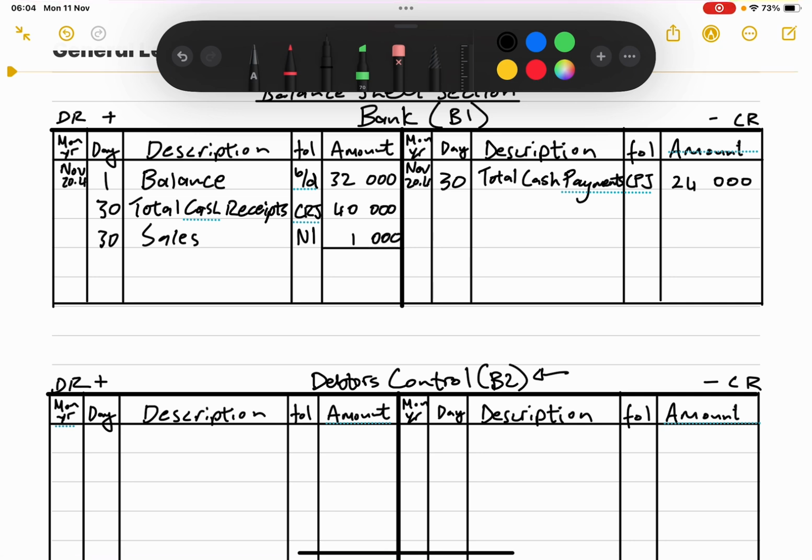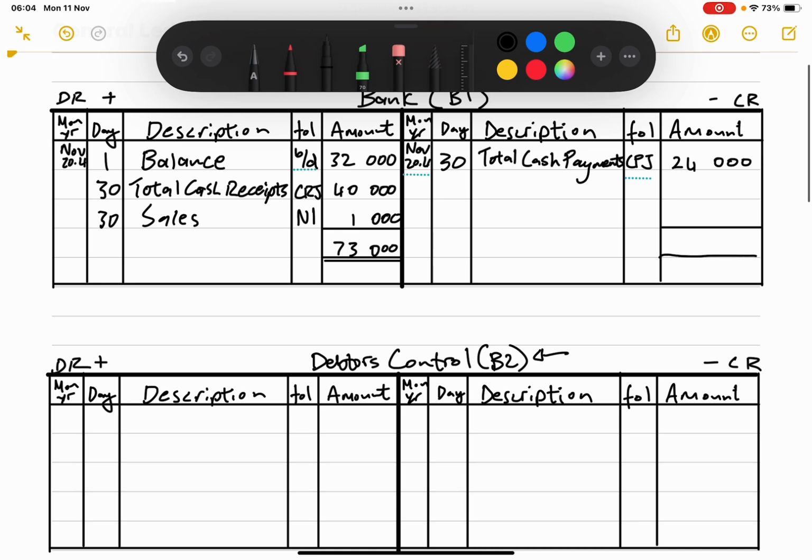So it will pop your total lines here. Now you'll total this, and you will get 73,000. And then you move that across to here, so you have 73,000.